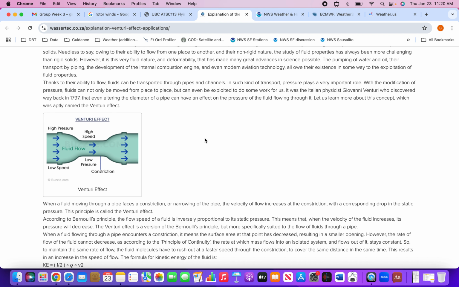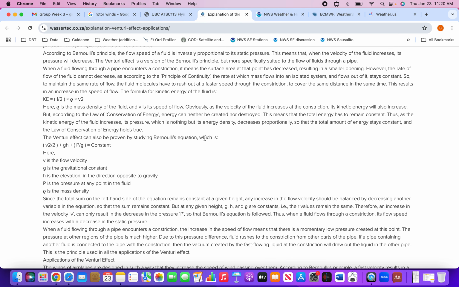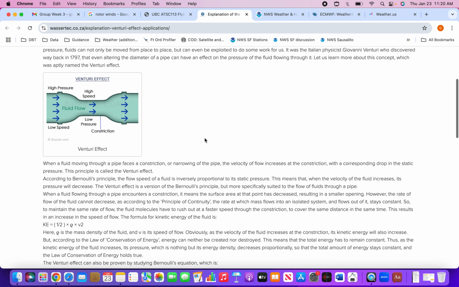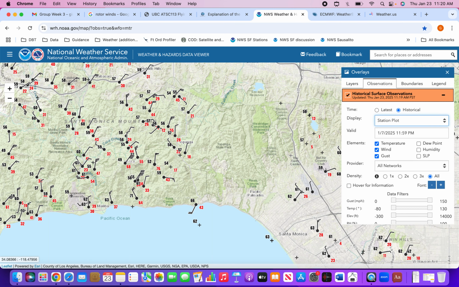Now there are formulas that you can use to calculate exactly how much the acceleration will be, but to not make this video too technical, I'll just give a brief explanation of what that is. And I'll also show you here, I have some wind plots, taking a snapshot at 11:59 p.m. on January 7th, 2025 in the Pacific Palisades region, and you can see some really strong wind gusts here.